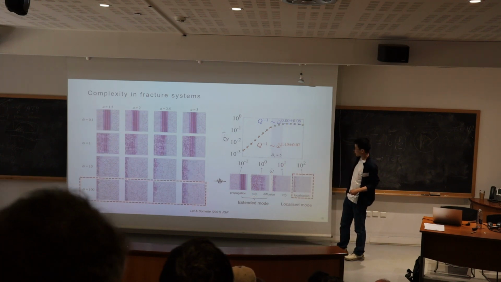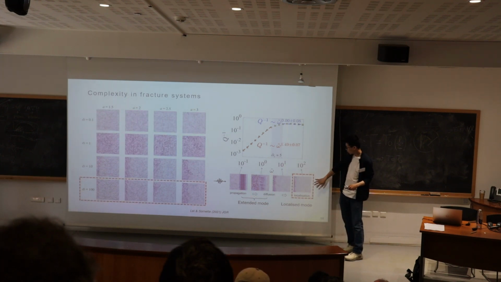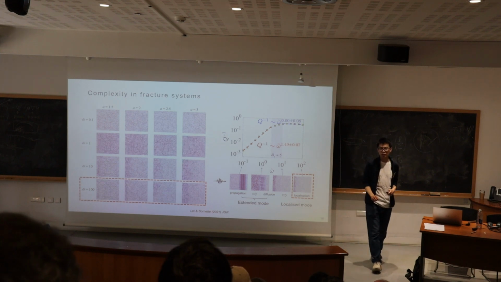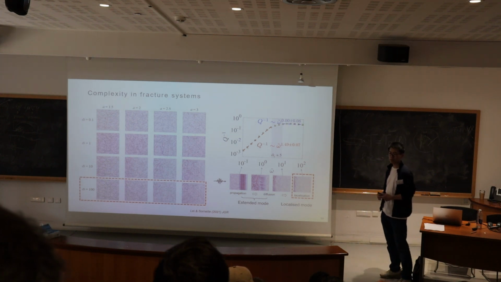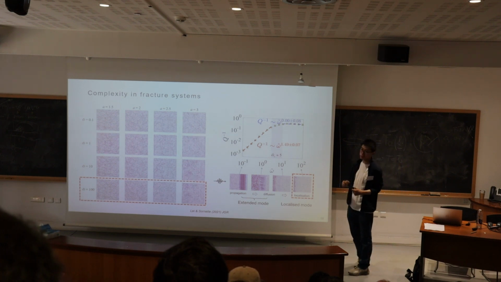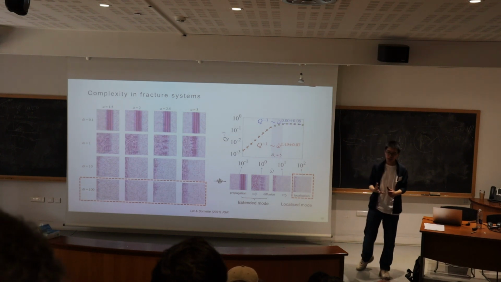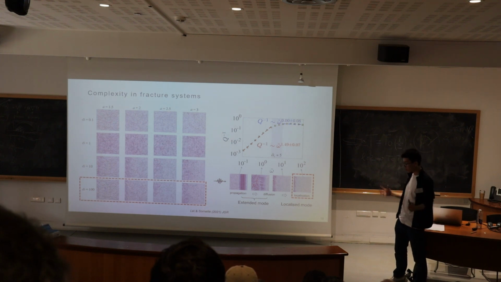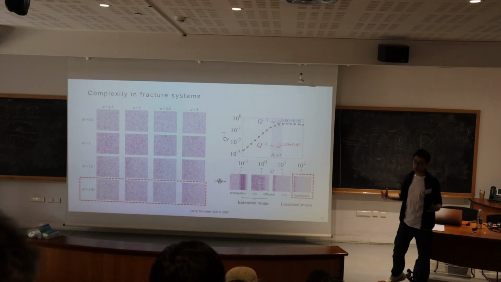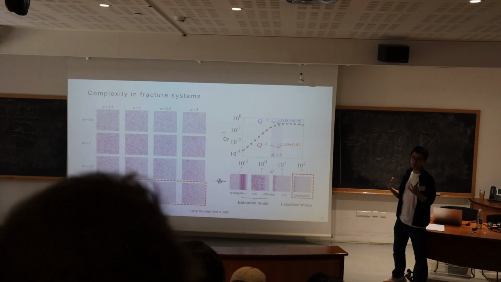And then when omega is large, it will enter the Anderson localization regime, which is basically where the waves are trapped in the system. So this is another example to illustrate the possible emergence of diverse phenomena in fractured media, which is because of the interaction, because of the presence of these fractures in the system.